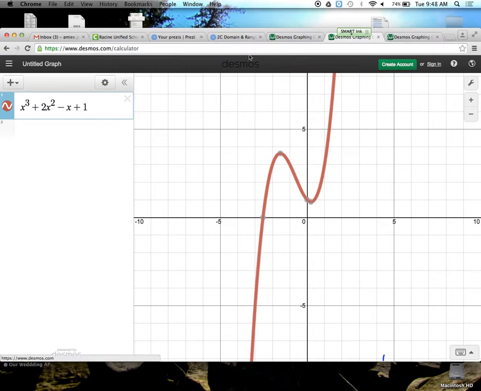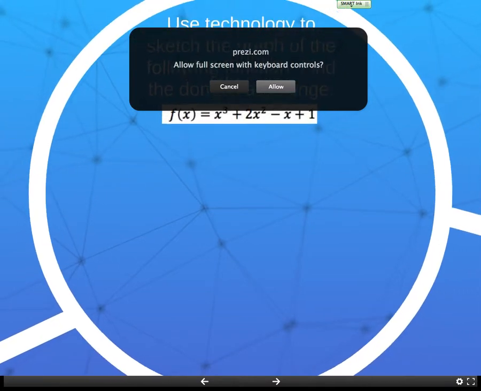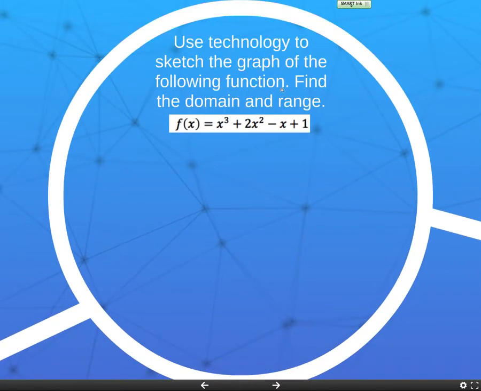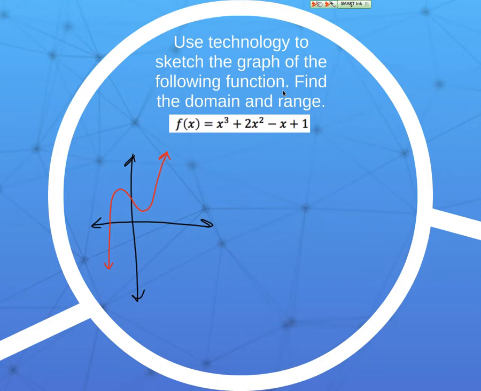I gotta catch up. Let's see, it looks something like this. Remember to put my arrows on here this time. We know those arrows mean it keeps going in that general direction, right?